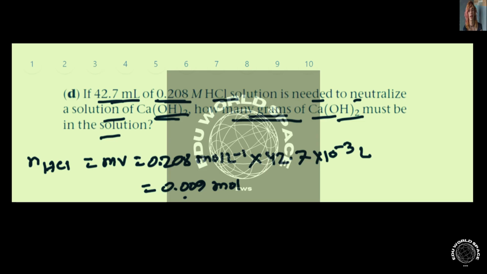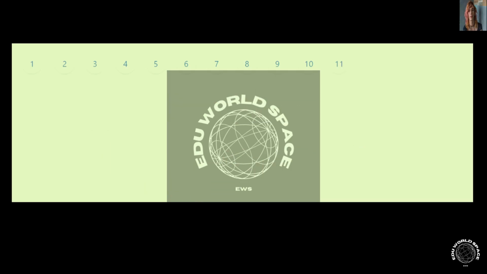So this is the number of mole of HCl. Now what we will do is we will find out the balanced equation. From there we will find out the number of moles of calcium hydroxide required.